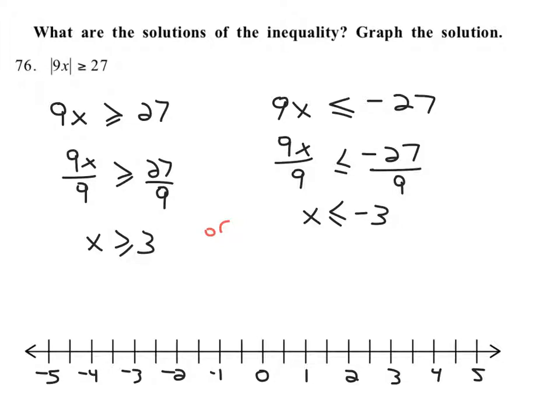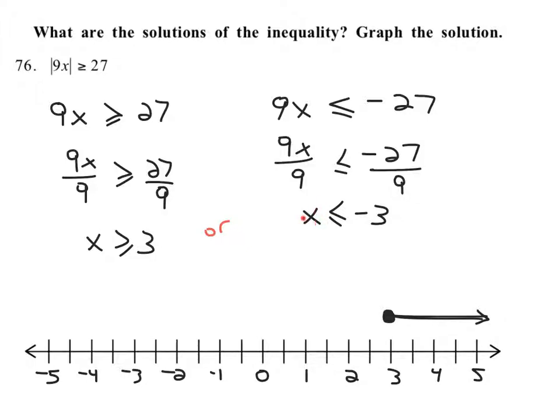Okay, so we have x is greater than or equal to 3. So we've got an endpoint at 3, and it's filled in because it says or equals, right? And x is all the values greater than that or equal to that. So let's finish filling that in. Greater than that, like that.